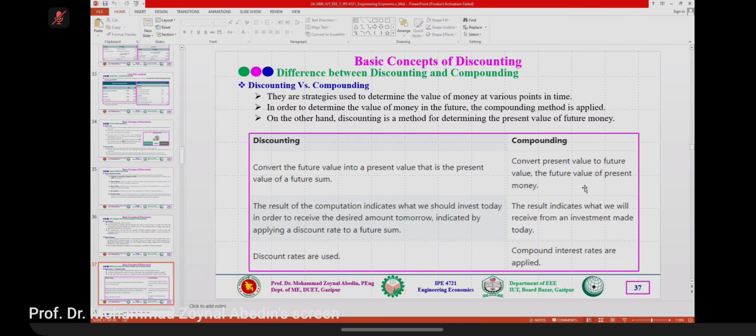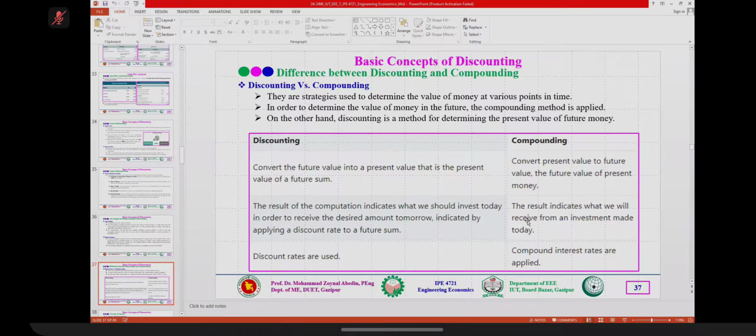Okay, on the next slide maybe I'll give you an example. The result of the computation indicates what we should invest today in order to receive the desired amount tomorrow, indicated by applying a discount rate to a future sum.